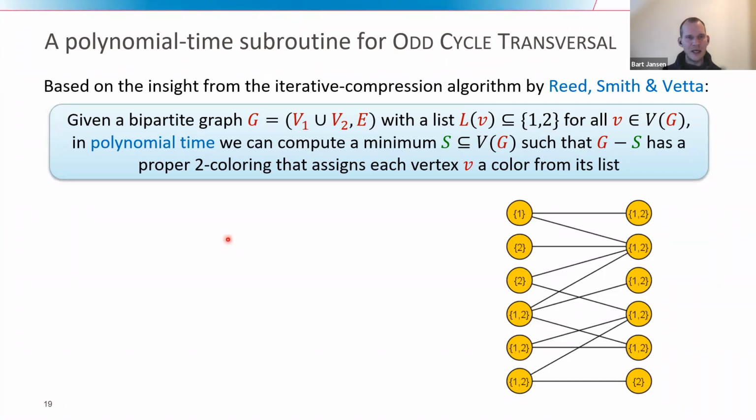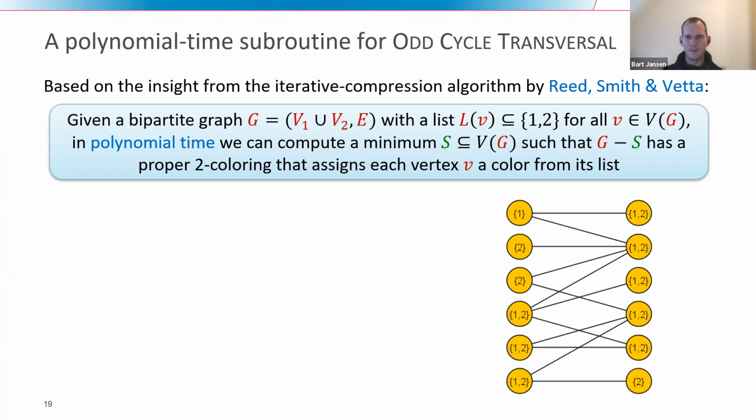Then what we can do in polynomial time is find the smallest vertex set that you have to throw out of your graph, such that everything that you have left has a proper 2-coloring that actually assigns each vertex a color from its list. So this is basically: find the smallest number of vertices so that the remaining graph has a proper list coloring. And again, this turns into a min-cut max-flow type of computation.